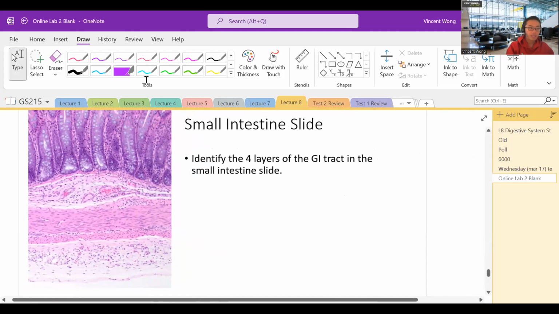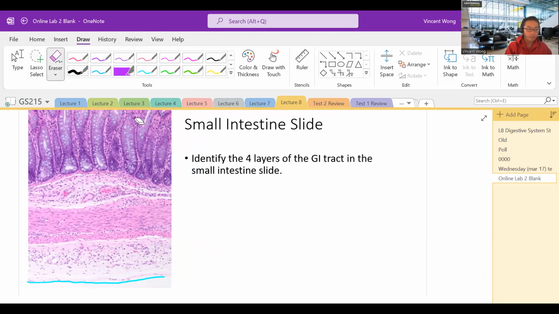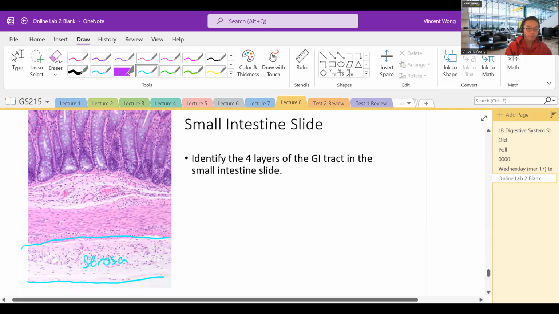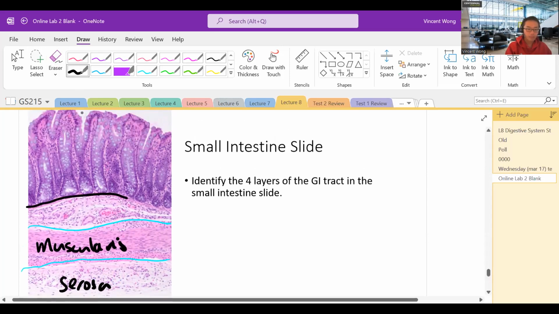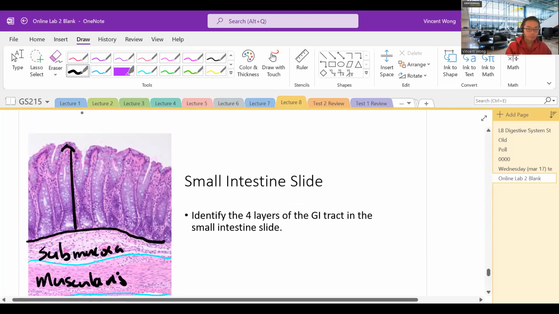So over here, we have the serosa, followed by the muscularis. And then here we have the submucosa. And the mucosa.